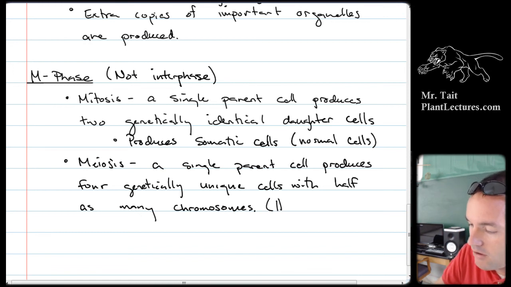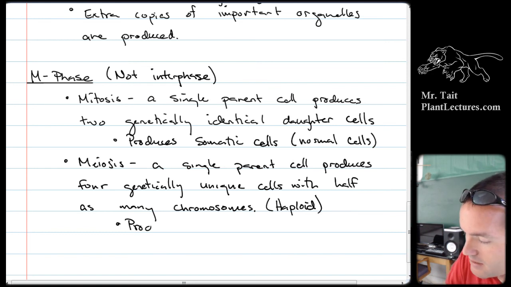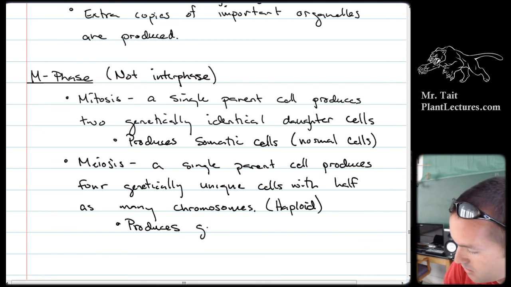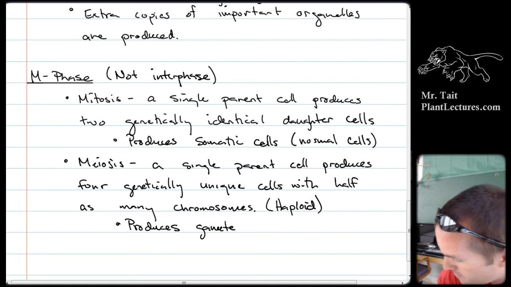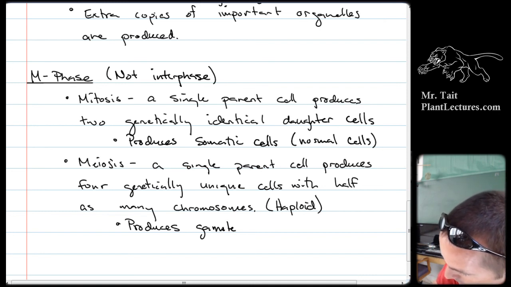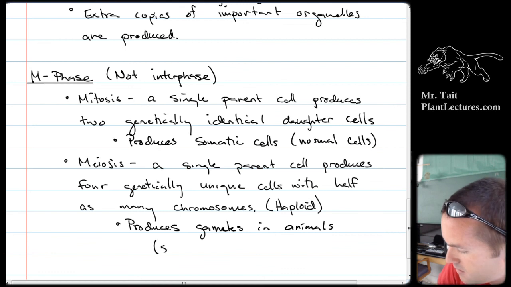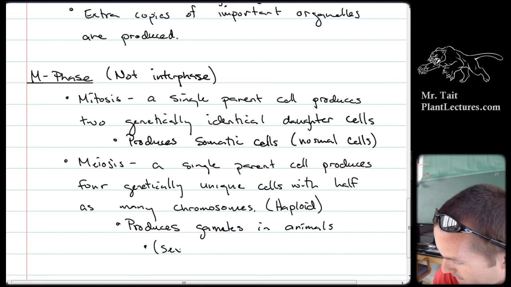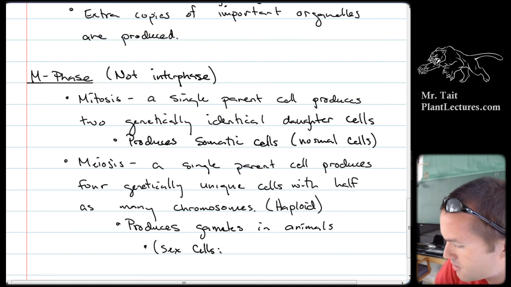After they have half as many, they're going to be called haploid. We go from diploid to haploid, and this produces sex cells in animals, which are called gametes, which are sex cells, which are sperm and egg.